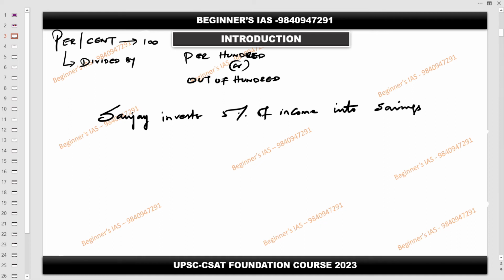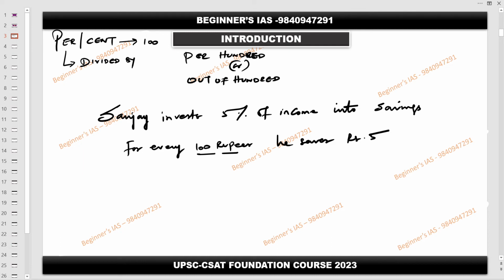So what does it mean? 5% means that for every 100 rupees, he saves 5 rupees.